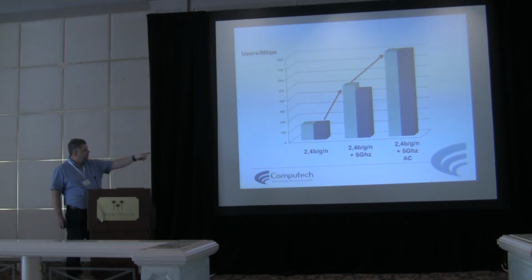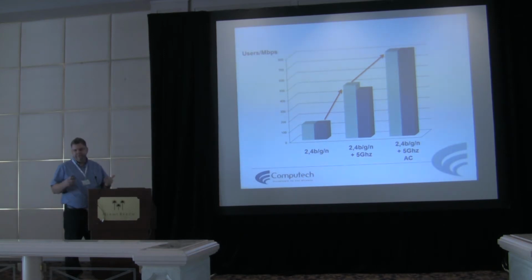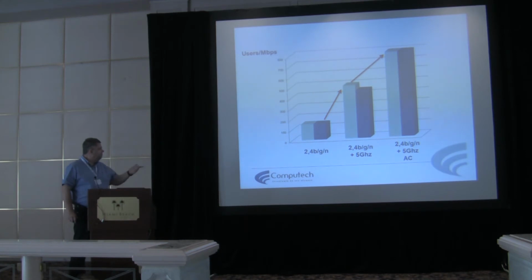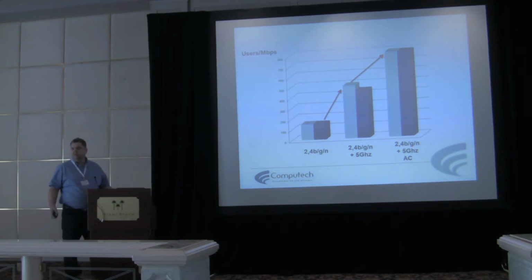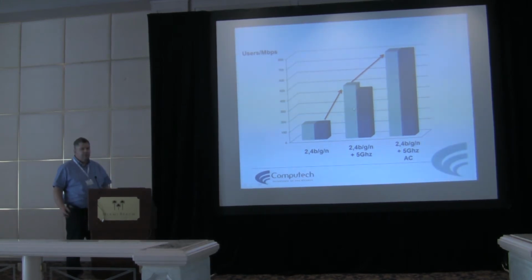With 2.4 plus AC, you have much bandwidth, but you have much budget. And with only 2.4, you have few budget. You have to spend little budget, but you get little performance. So today, the middle will be the best choice.